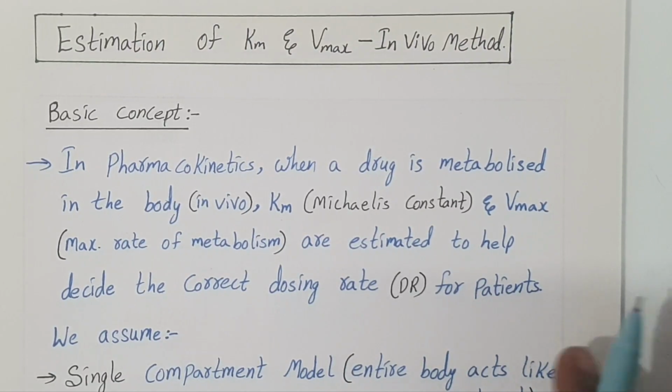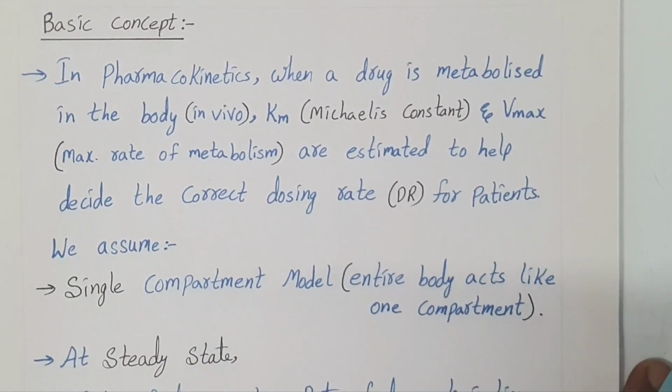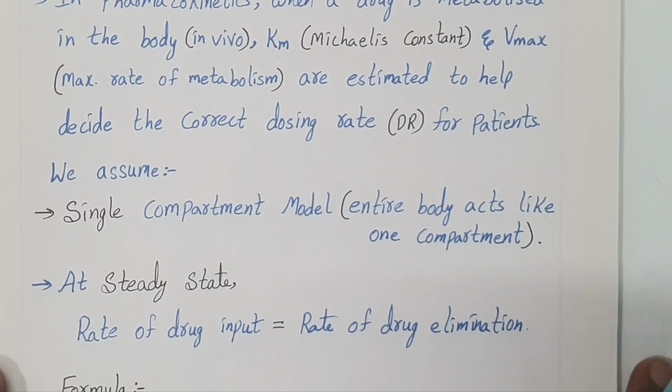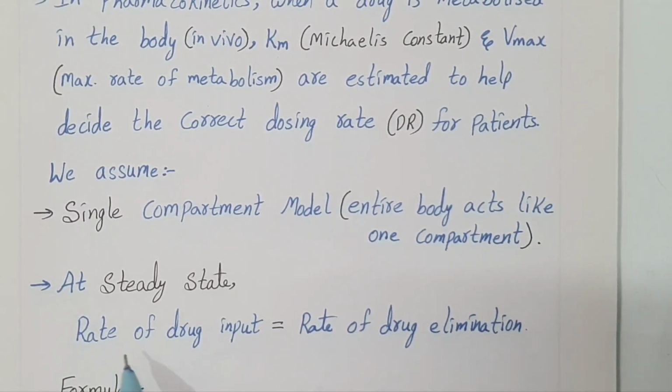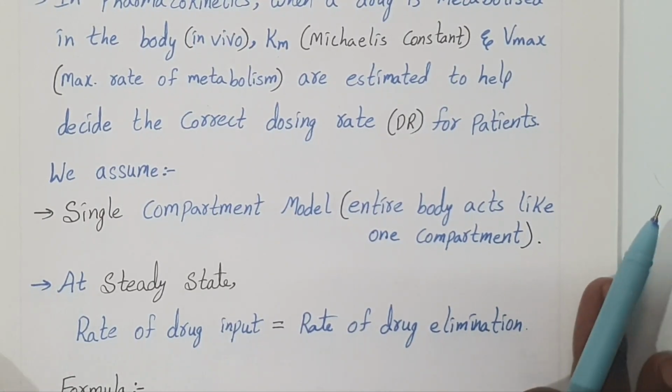And also, we assume that the whole body acts as one compartment only, like a single compartment model, and steady state conditions are also assumed, which means the rate of drug input will be equal to the rate of drug elimination or output.